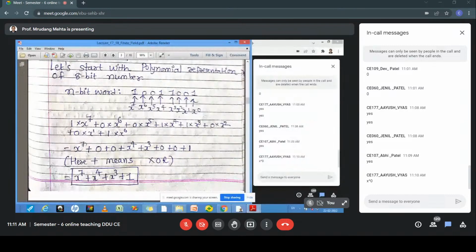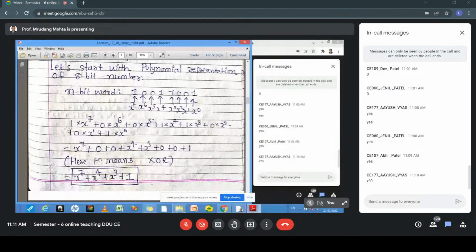And what we get is x raised to 7 plus 0. 0 into anything is 0, so this term is also 0. The remaining is x raised to 4, x raised to 3, and x raised to 0 into 1.